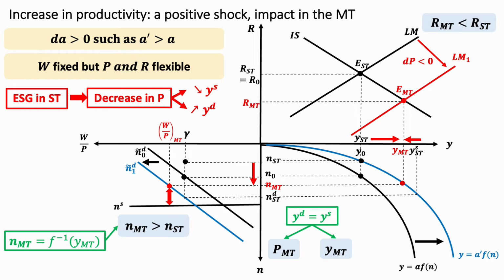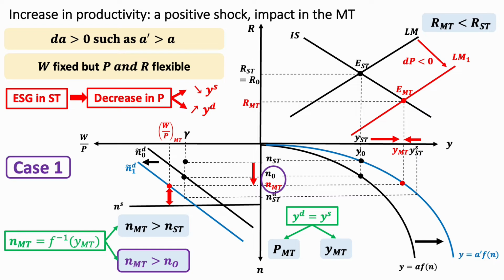Note that the firm reintegrates its new labor demand curve to its profit maximization program, and that some persisting unemployment remains in this economy characterized by imperfect competition. This case of increasing employment in the medium term compared to initially, let's call it case 1, is the most frequent case. This means that technical progress has a positive impact on employment already in the medium term.